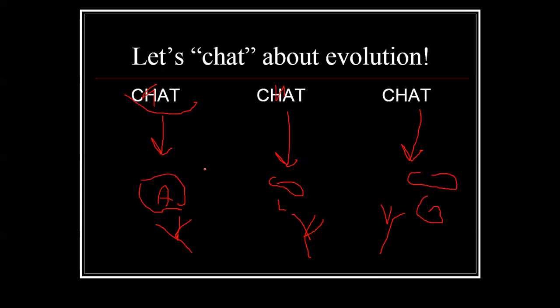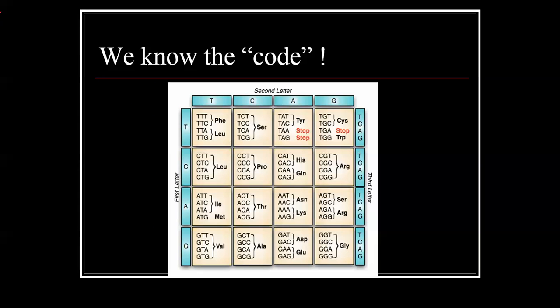But that is not what we find at all. We find that this genetic code is universal, and we don't call this the human genetic code. We call it the universal genetic code, because what example did I give you? CAT. In all plants and all animals and all fungi and all bacteria, CAT is decoded by the organism and translated into the amino acid histidine. All living things. Very powerful evidence for a universal common ancestor.